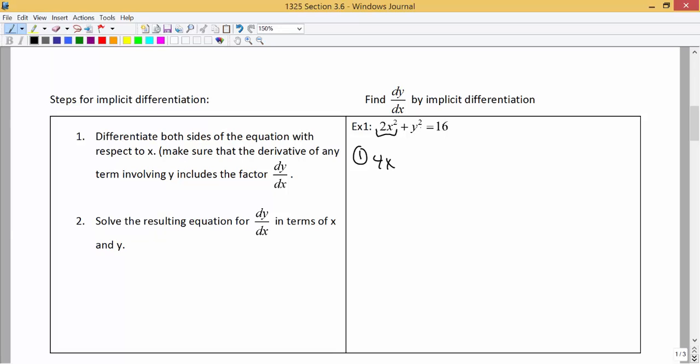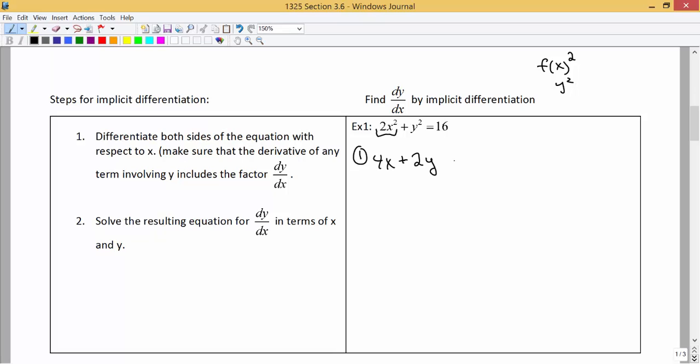And now we have y squared. So we're going to think about this, remember, as represented as some function of y, so some function squared. Since we have a function raised to a power, we're going to think about using that chain rule. So we're going to bring the 2 out to the front. We're going to write down the inside function, which is f of x, which is the same thing as y for us.